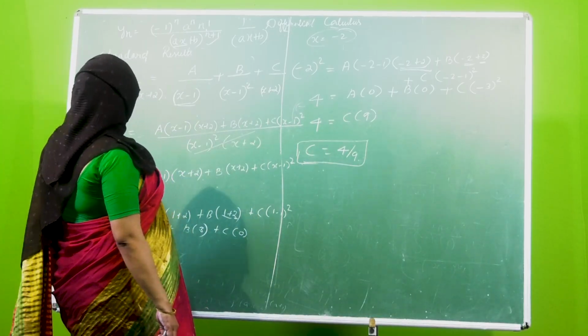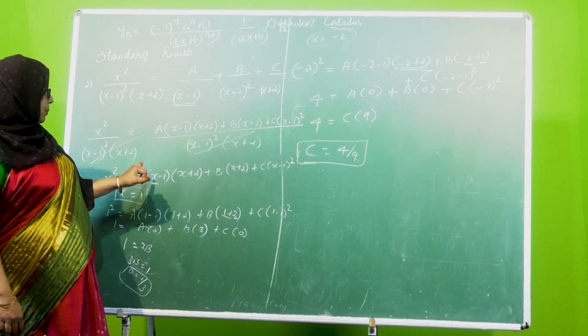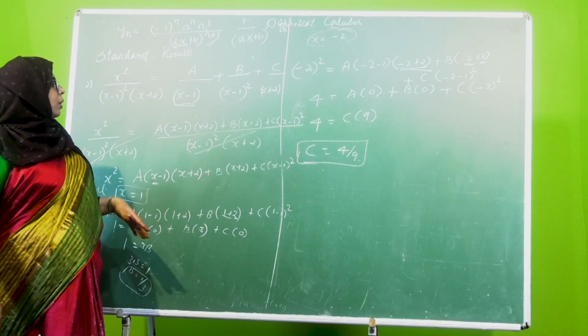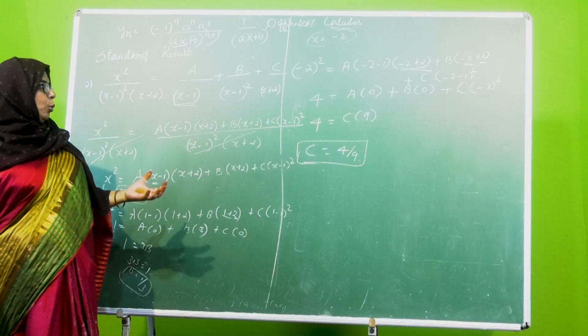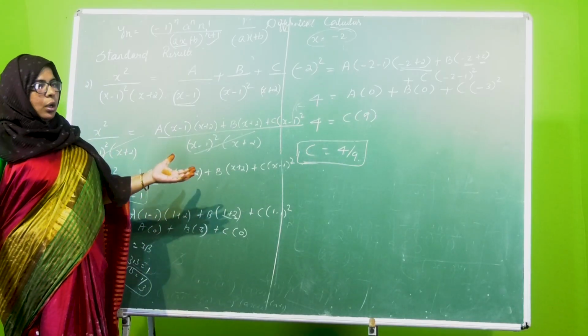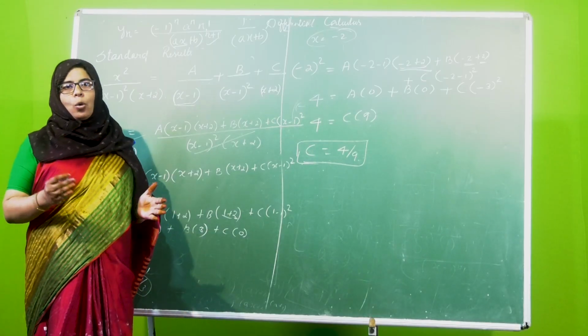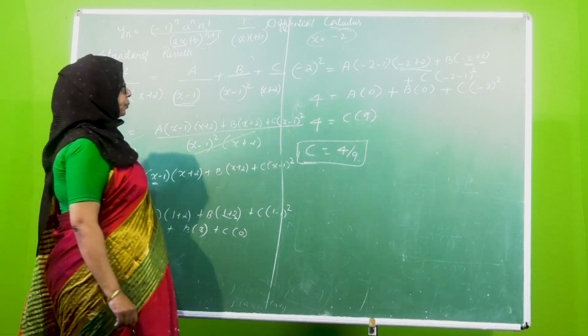So what do we have to find? One value is plus 1, the other value is minus 2. So the two values are finished. Now we are going to compare the coefficient of x square.